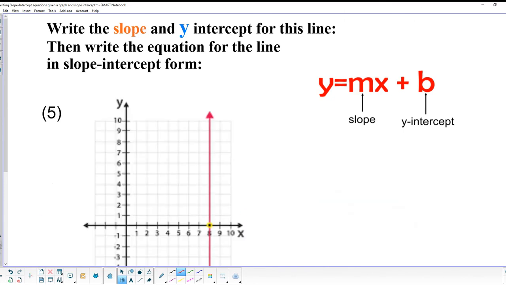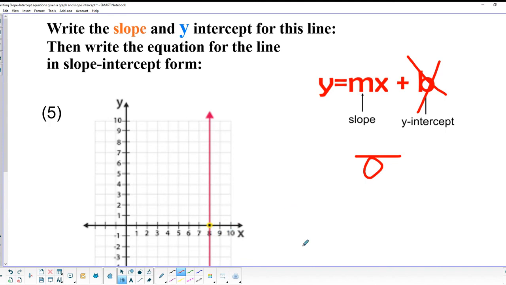We got one more special case, and that's what if I have a vertical line that goes straight up and down? Well, if you notice, it doesn't ever cross the y-axis because it never even gets close. It's always crossing the x-axis at some point. So the y-intercept is just completely missing. It has an undefined slope, meaning it's going straight up and down. That means that the change in x is 0, right? But the change in y could be anything because you've got this line going straight up and down.